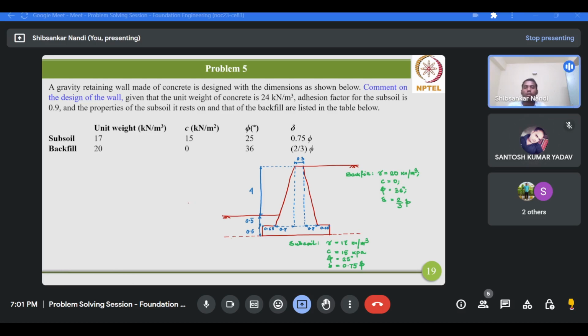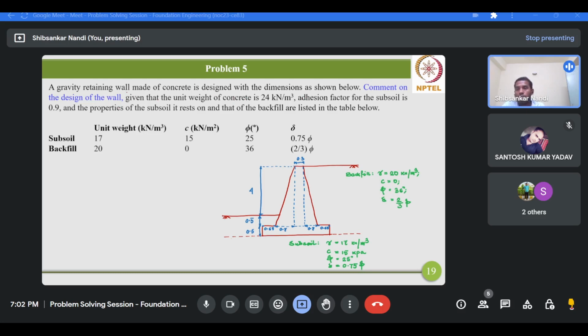Okay. Just before closing this session, let me read the problem statement and explain a little bit about the methodology. This problem talks about a gravity retaining wall made of concrete, which is designed with the dimensions as shown below.